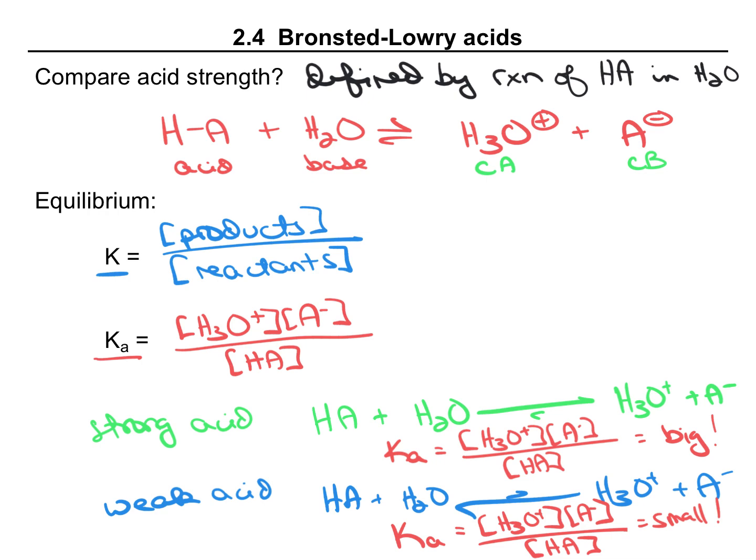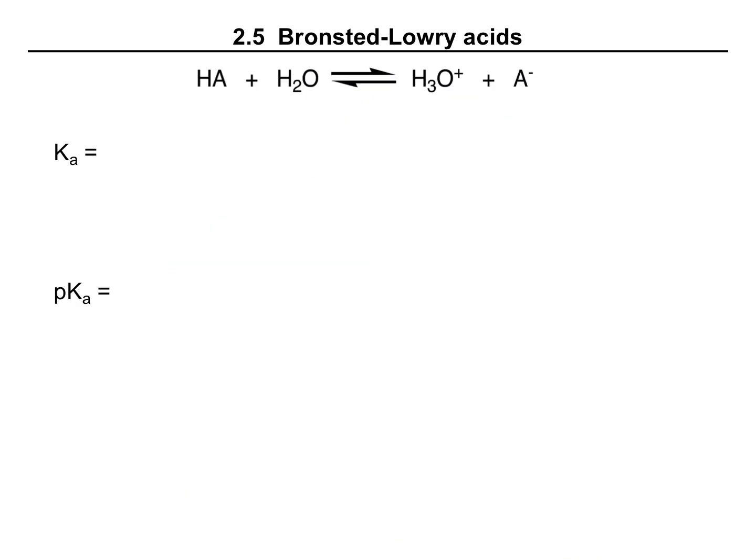And this is convenient because as long as we have an idea of the overall reaction, there's some intuitiveness about this. So let's continue to think about our Bronsted-Lowry acids, the acid dissociation reaction, and our acid dissociation constant. So the Ka is equal to the concentration of H3O plus times the concentration of A minus divided by the concentration of HA. This makes intuitive sense because if the value is big, that means we have lots of products.